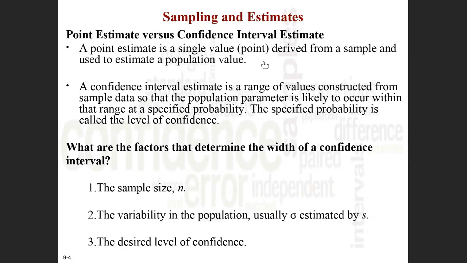And why can we use that point? Somebody, why can we use a single point value to estimate a population value? So I'm taking the mean of a sample and I say, okay, that's the mean of the population. Why can I say that? Anybody?